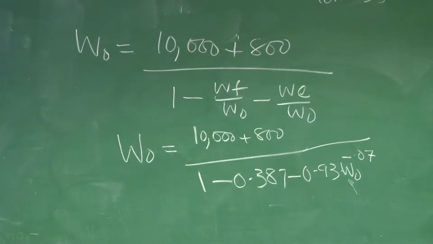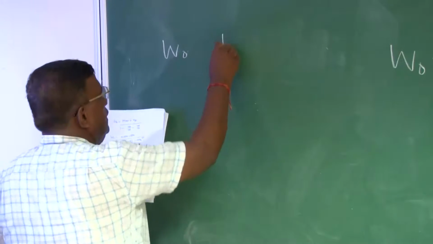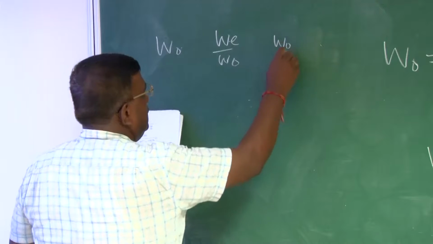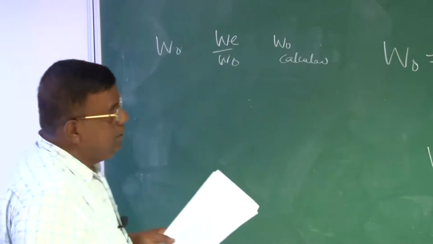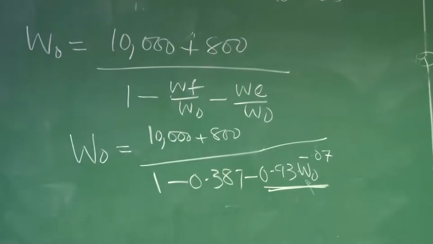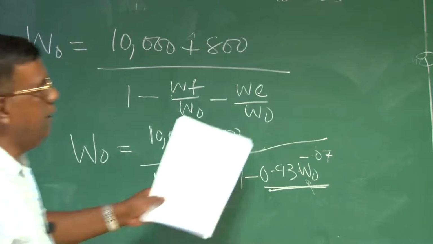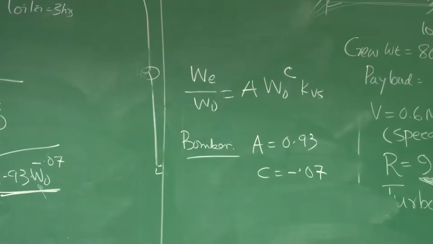But what is being done here is W naught, WE by W naught, and W naught calculated. Because the W naught decides the value of WE by W naught, as this is given as a function of W naught. That is why we have this sort of an issue.